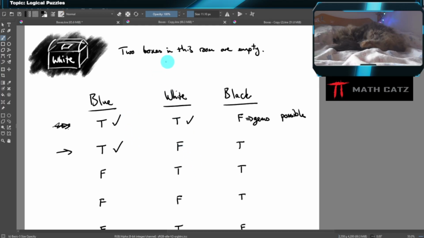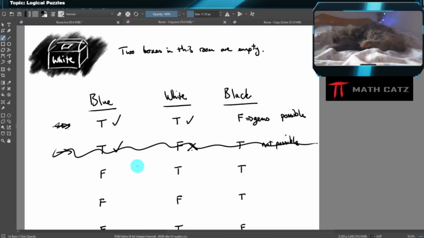White says 2 boxes in this room are empty. Well, I know that this is true based on the description of the problem, so I cannot assume it's false. That does not match with information that I already know. I don't care what the black box is saying. There is an inconsistency in how white is behaving. So that's not possible.